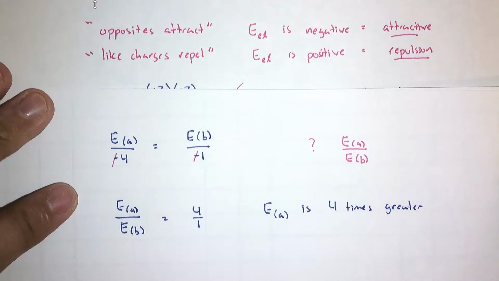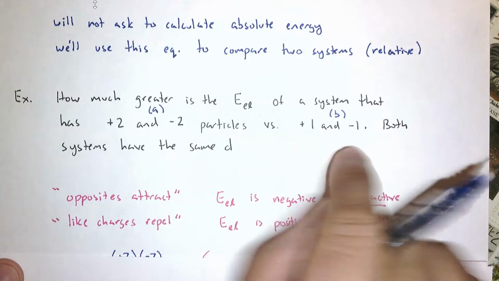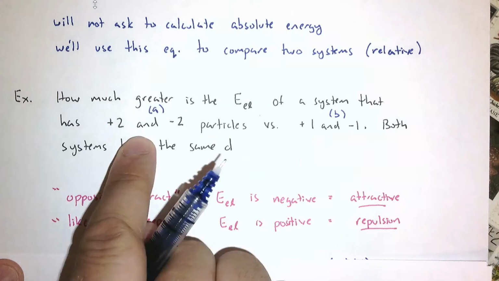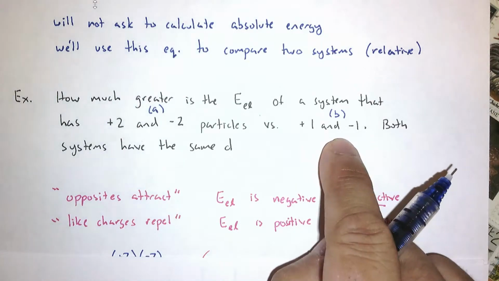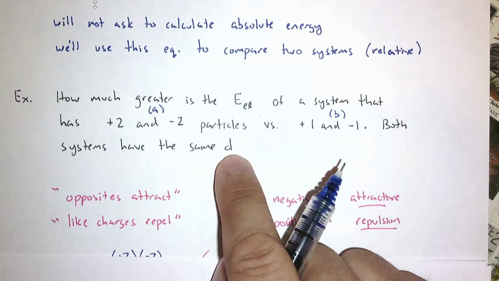Now, could you have done this in your head? Sure, you could have done this in your head, but what if the charges weren't as easy? What if it was +1 and -3? What if in one system the distance is D, but in the other system the distance is 3D, 3 times as far from each other?